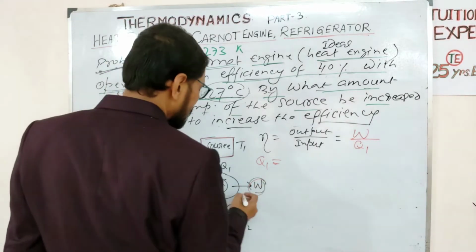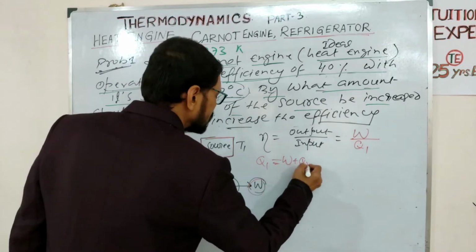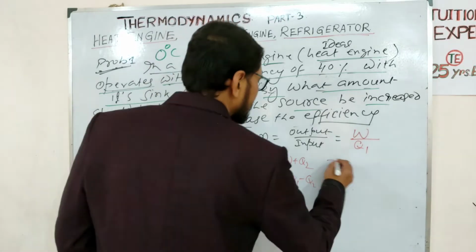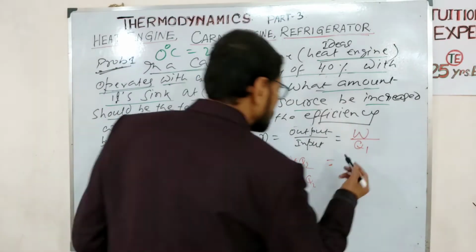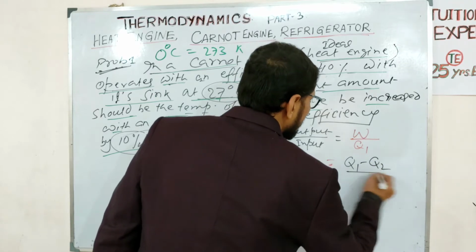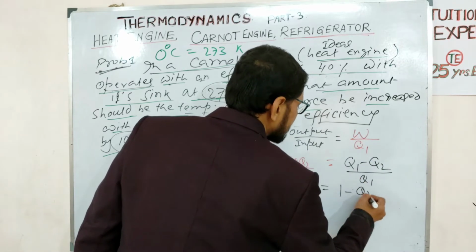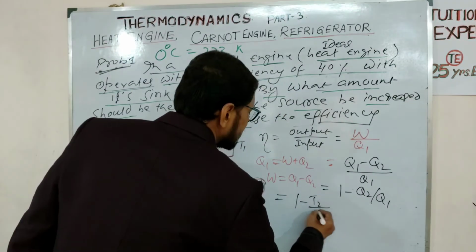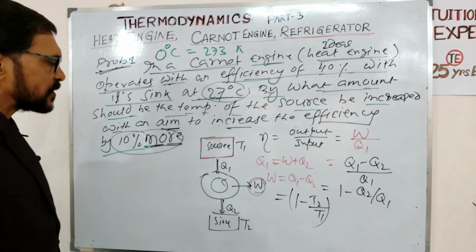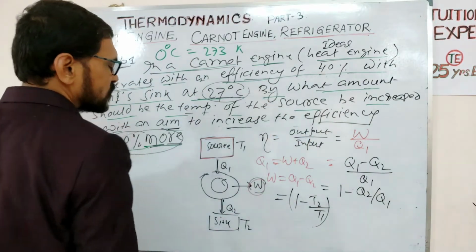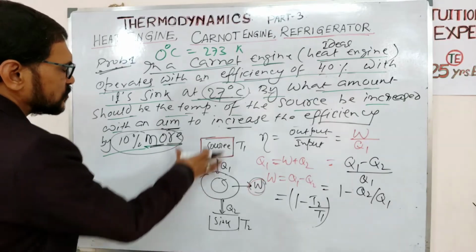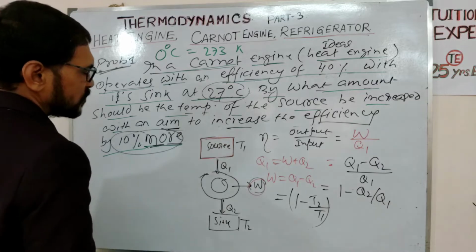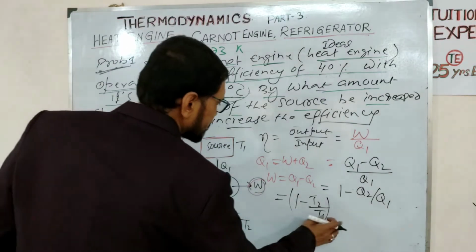So Q1 is input and total output is W plus Q2, so W equals Q1 minus Q2. Now efficiency equals (Q1 minus Q2) by Q1, which is equal to 1 minus Q2 by Q1, and that equals 1 minus T2 by T1. If you cannot remember the formula, you can establish it yourself. Just remember this diagram and you can solve more easily.